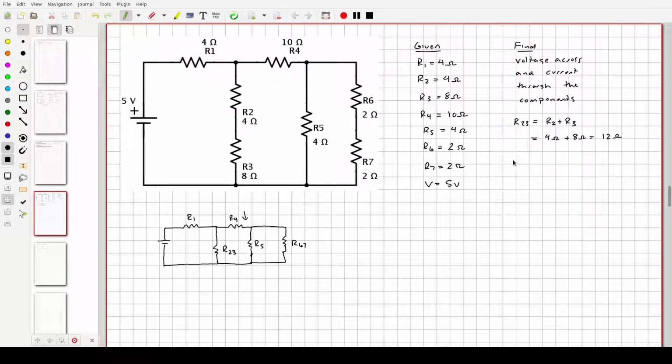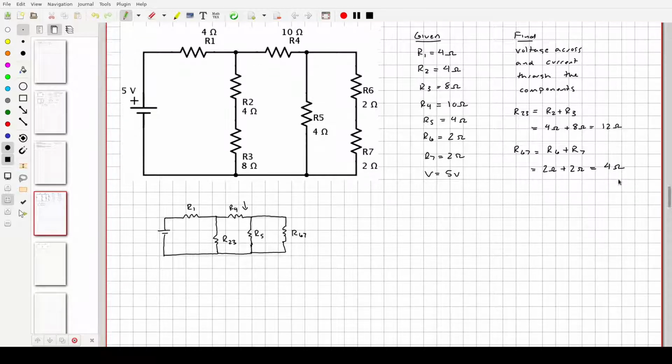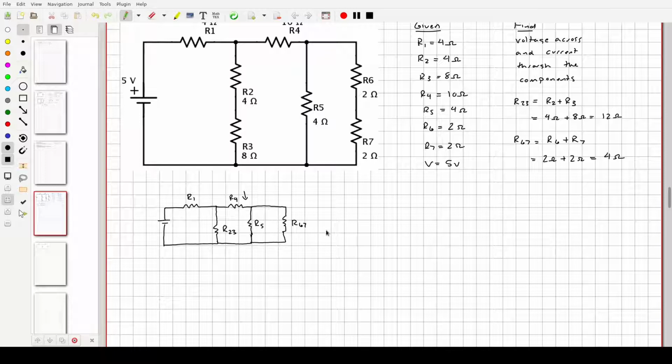All right. Now R67 is going to be the same. R67 is going to be R6 plus R7. So you add it the same way, but in this case it's 2 ohms and 2 ohms, which is 4 ohms. Okay, so we've reduced this complexity.